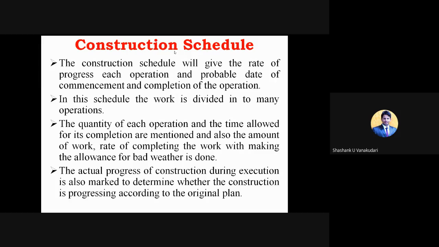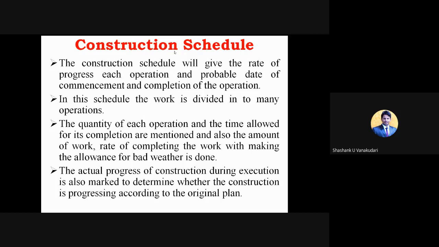Okay, and in this schedule the work is divided into many operations. For example, a particular activity will be construction of foundation. That construction of foundation will again have different sub activities, such as the excavation part, then the reinforcement, and then formwork.